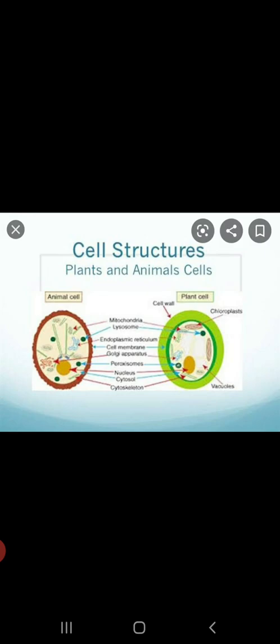And the difference between the plant cell and animal cell is the presence or absence of cell wall, then the vacuole and chloroplast. So these are the similarities and the differences between plant cell and animal cell.